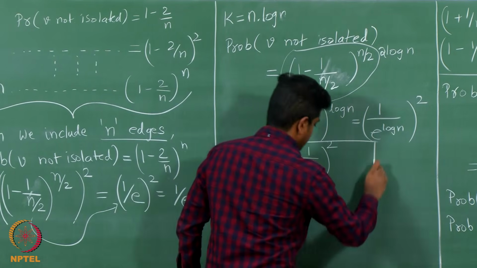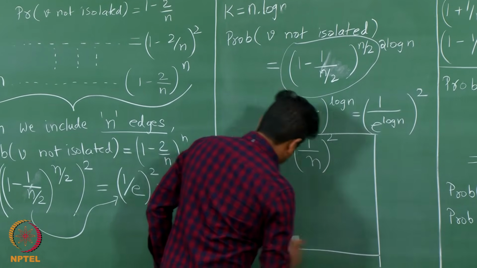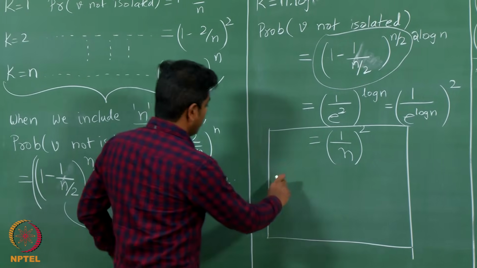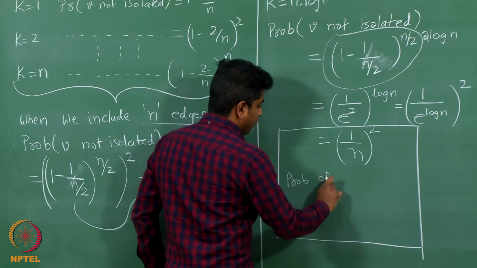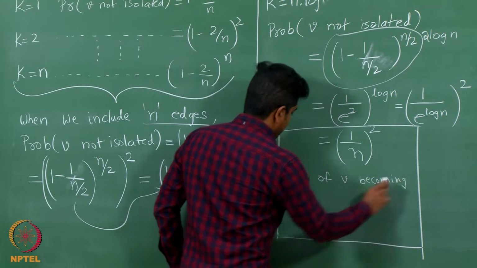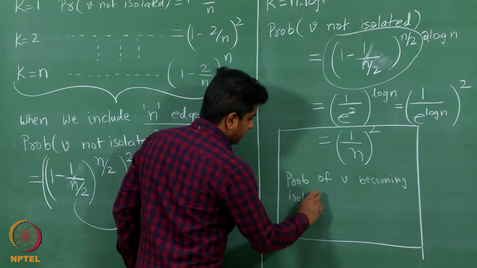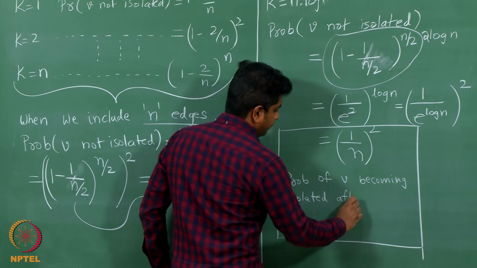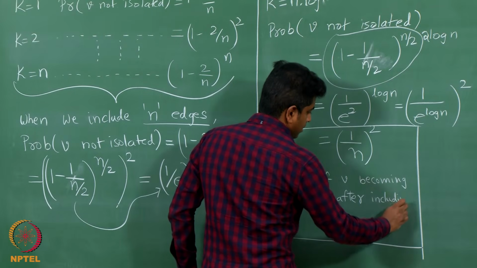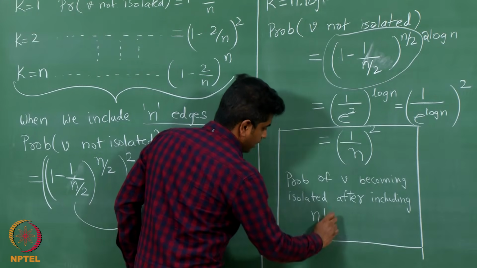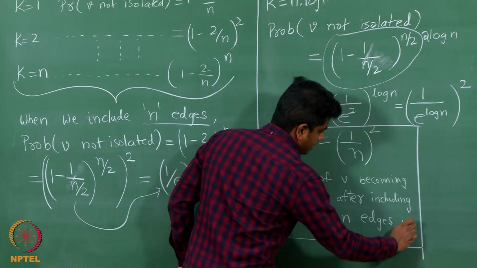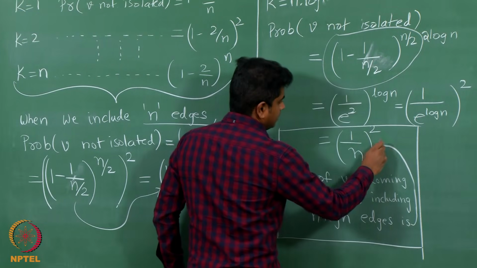Let me take a minute and stare at this and observe what just happened. The probability of a vertex v becoming isolated after including n log n edges is this.